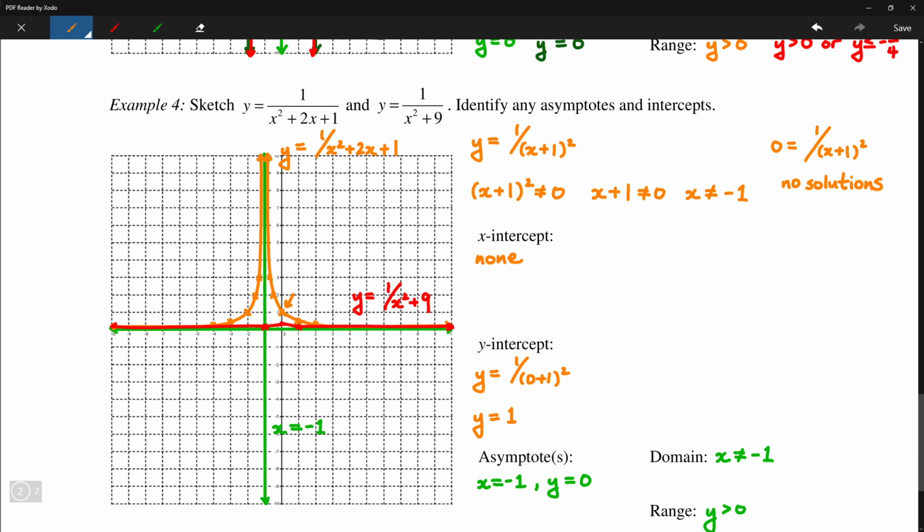If we're trying to find non-permissible values, x squared plus 9 cannot be equal to 0. x squared cannot be equal to negative 9, so there is no x value for which this works. So there are no non-permissible values, which is kind of a double negative, which means all x values are permissible.